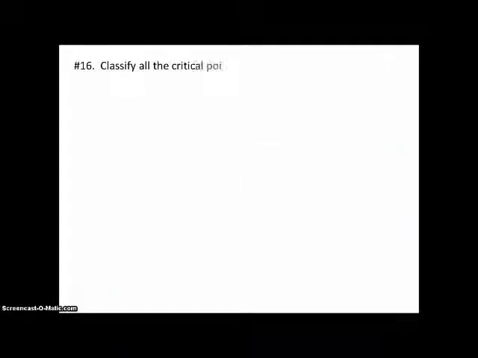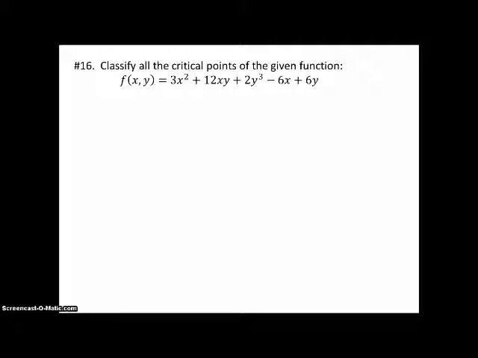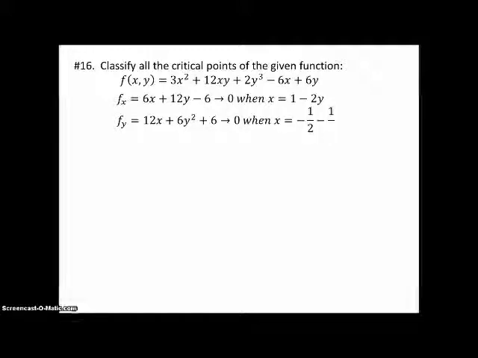Number 16, classify all the critical points of the given function. Function of two variables again. So again, we need the partial derivatives with respect to x and y. And this time when we set them equal to 0, we can solve for x in both cases.